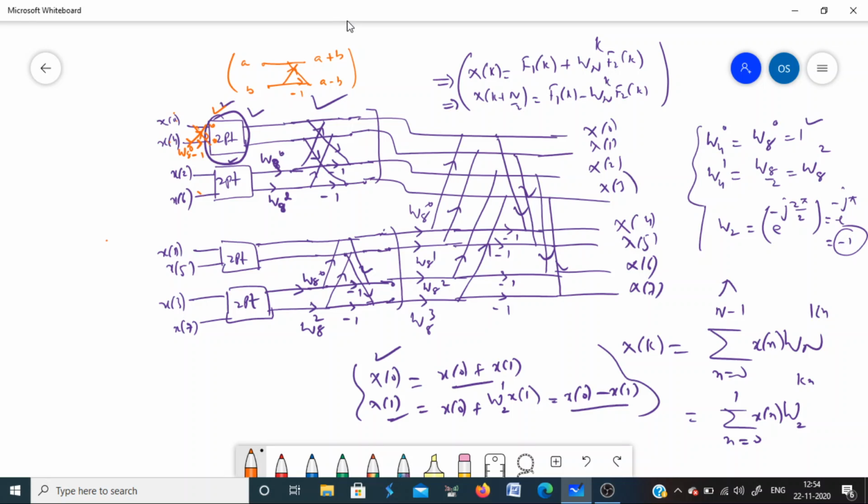And similarly here, multiply this with W to the power 0, add with this, multiply with minus 1, add with this, and you will get the 2-point DFT. Similarly here, W to the power 0, add with this, multiply with minus 1 and add here. This is how we get the 2-point DFT.